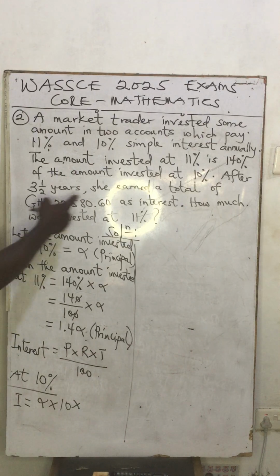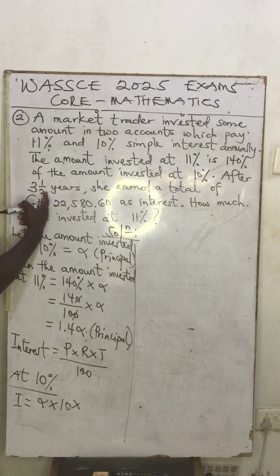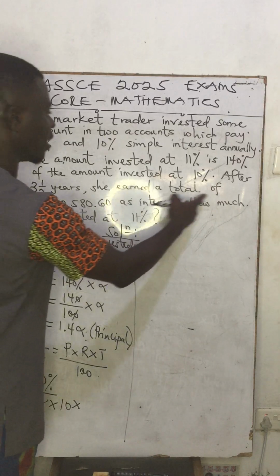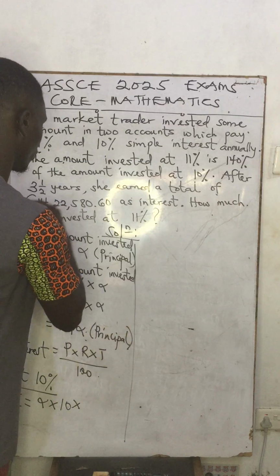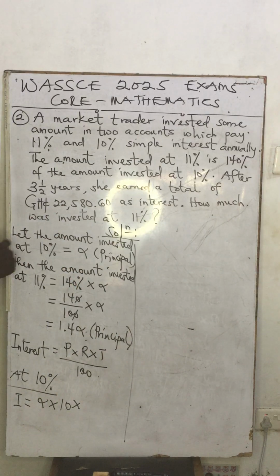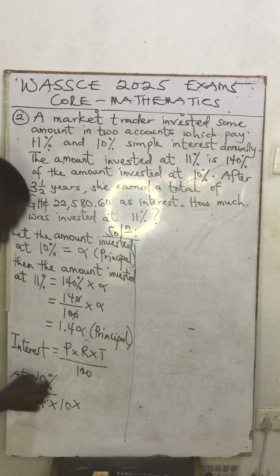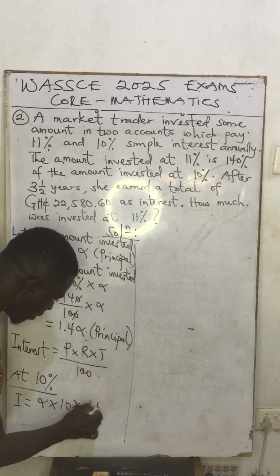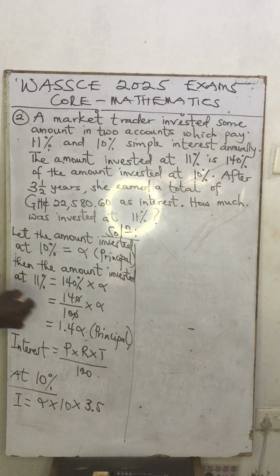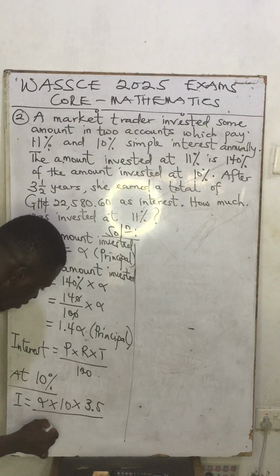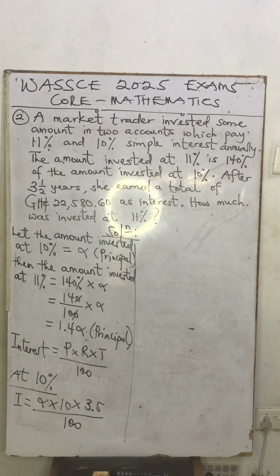Check the time here. It said after 3.5 years, she earned a total of 22,580 Ghana cedis 60 pesewas. So that's 3.5 years, all over 100.